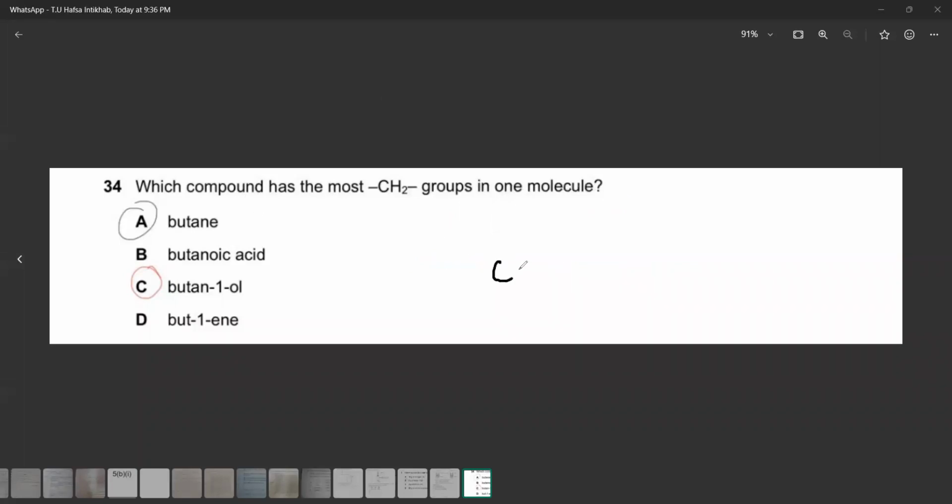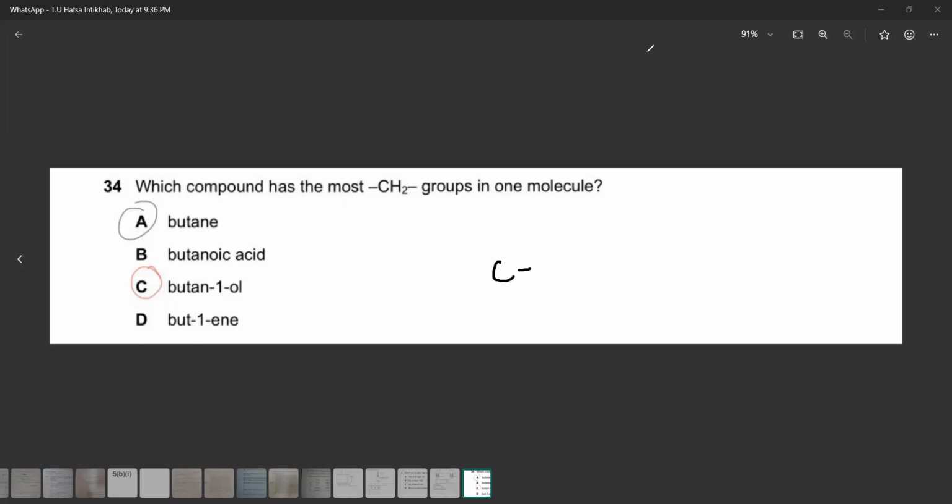For butanoic acid, but means 4 carbon, and oic acid is C double bonded with O, and OH. The question is how many CH2 groups are there? It means carbon attached with 2 hydrogen. So when you draw the structure of butane, but means 4 carbon atoms.